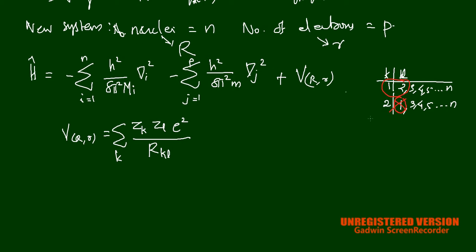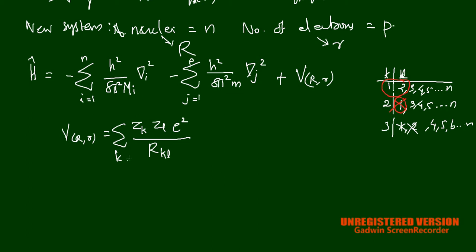When we are talking about the interaction of the third nucleus with the other nuclei, you should not talk about 1 and 2 because they are already specified in the previous cases. Then you have to talk about 4, 5, 6, etc. to n, like that only, right?